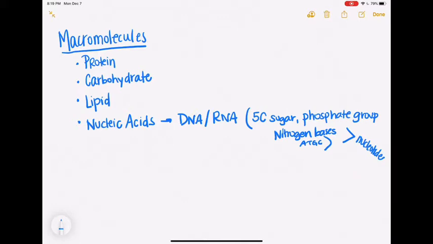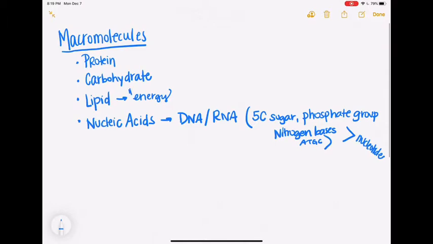Okay? Lipids. Lipids are a great energy source. They have the most energy, but they're actually like the number 2 energy source. Usually your body will first use carbohydrates as your number 1 source of energy, although they have a little bit less energy than lipids do.